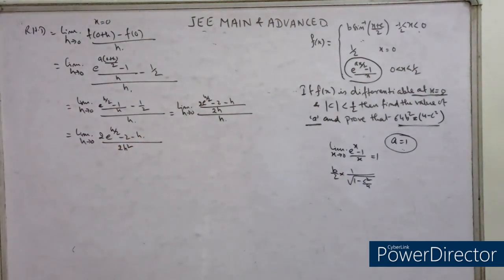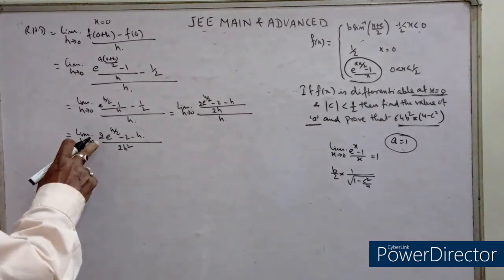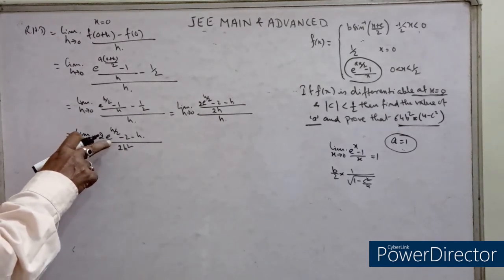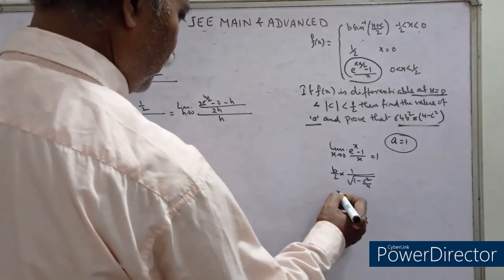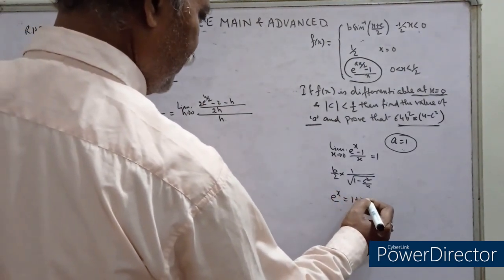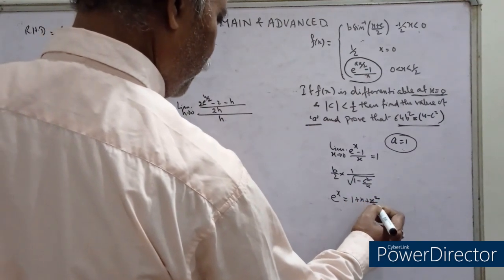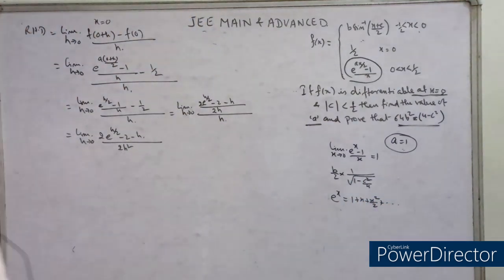So now to solve this, I am going to take the expansion of e to the power of x. Your e to the power of x is 1 plus x plus x square by 2, and it goes on. This is your e to the power of x expansion.